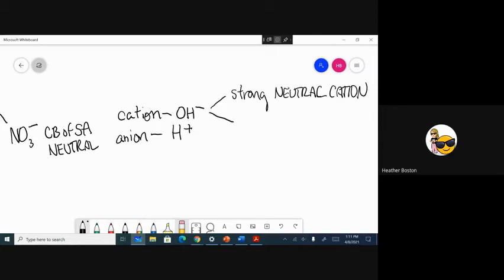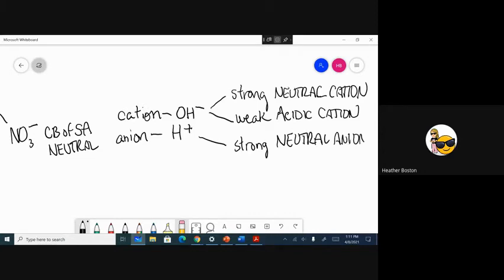If it's weak, it is an acidic cation. If the acid in this case is strong, it is a neutral anion.